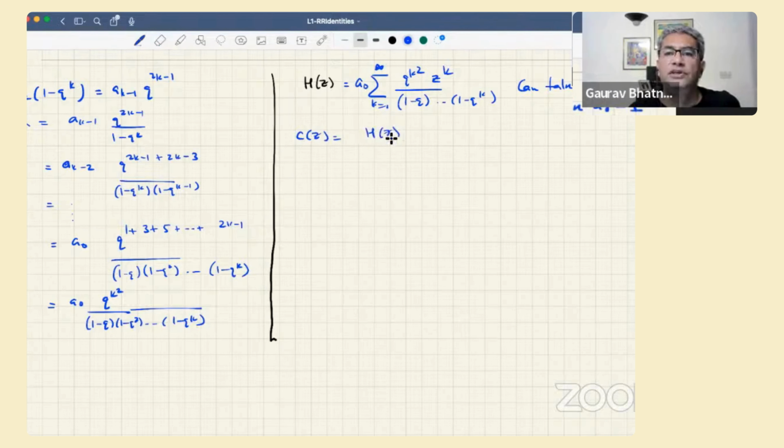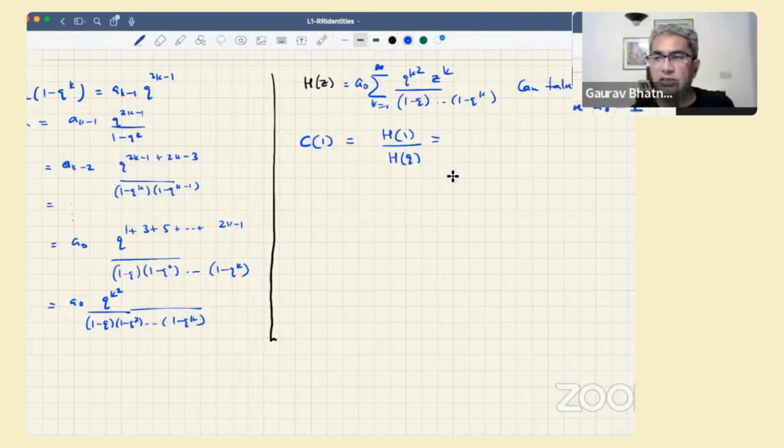This was h of z over h of zq. Originally, we didn't have a z. So originally, we had c of 1 when z is 1, and this would be h of 1 over h of q.